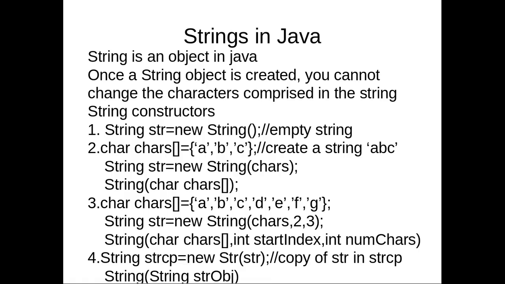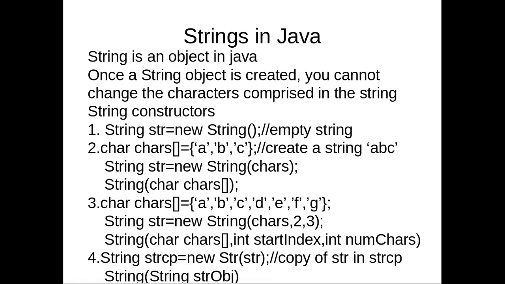Now you are going to create a character array which has A, B and C. That means only 3 characters in it, A, B and C. It's an array of characters with 3 elements. Now you are going to pass this character array as the parameter to string: String str = new String(chars).